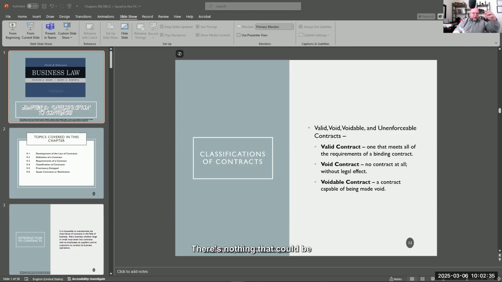There's nothing that goes against any type of public policy. There's not any overbearing items in that contract that would cause one person to be of more detriment than the other person beyond what is acceptable. It's a valid contract.